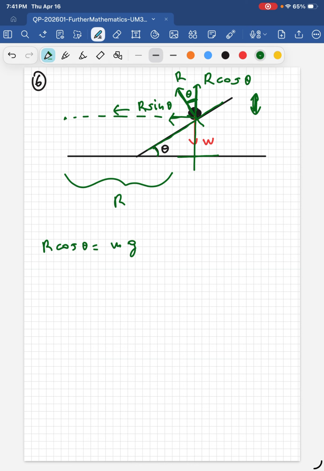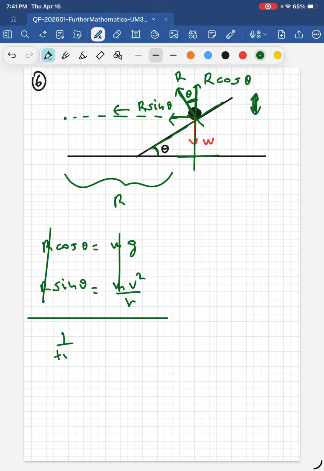And then R sine theta provides the centripetal force, therefore it's equal to m v squared over the radius. So if we divide these two, this R cancels, the m cancels, and we have 1 over the tangent of theta as equal to r times g.